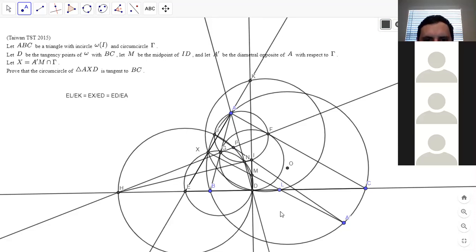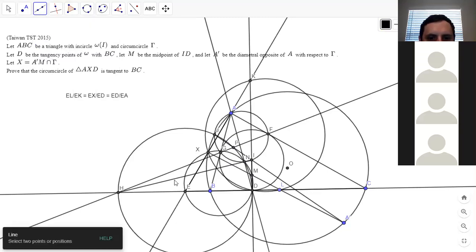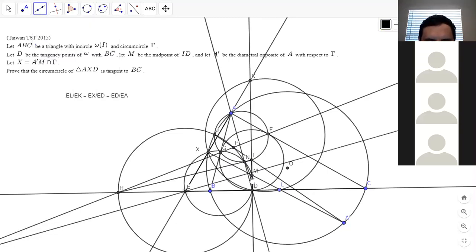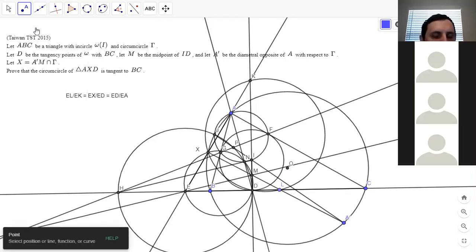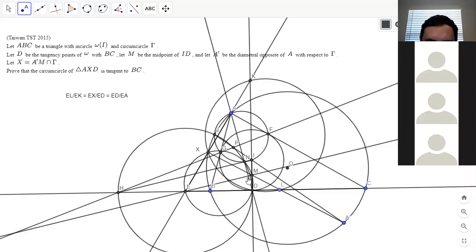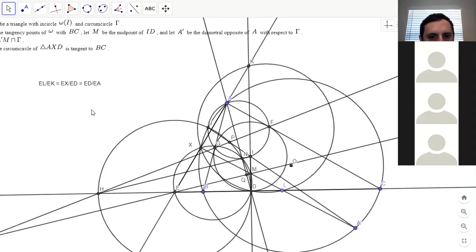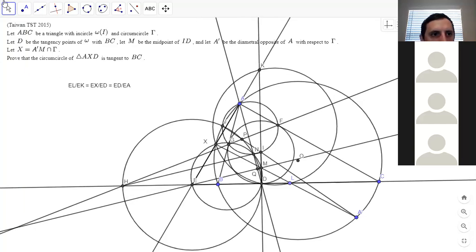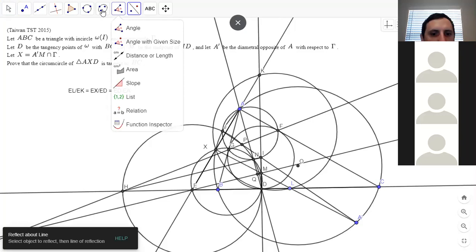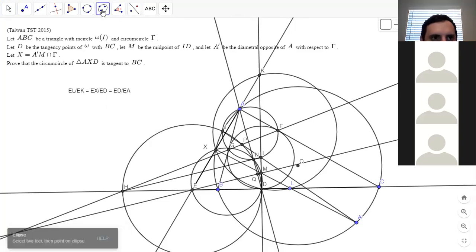If you let EM cut AD at Q, and I define E prime as the midpoint of HD, and I let AE prime cut the circumcircle of ABC at point X prime.